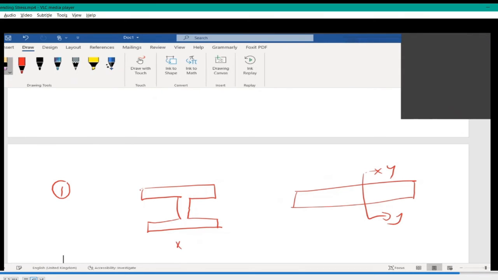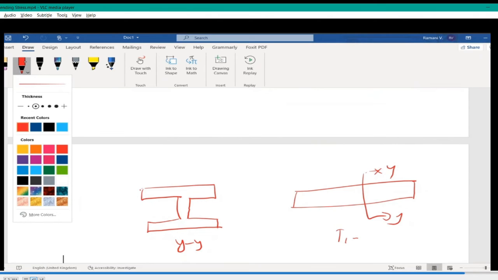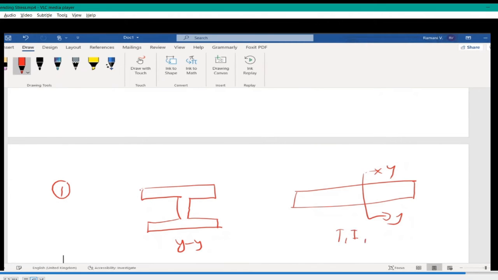The section YY will have, please imagine, I cannot do the animation here. When you cut, the cut section can be a T, I, L, or just a simple rectangle, any cross section it might be, okay?